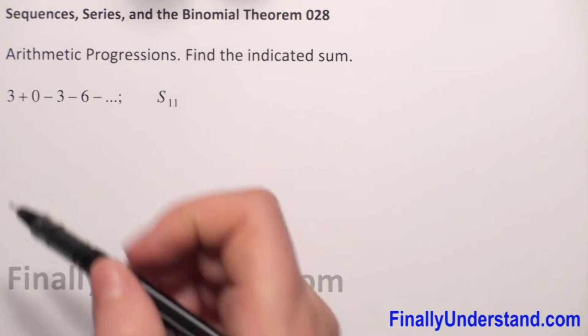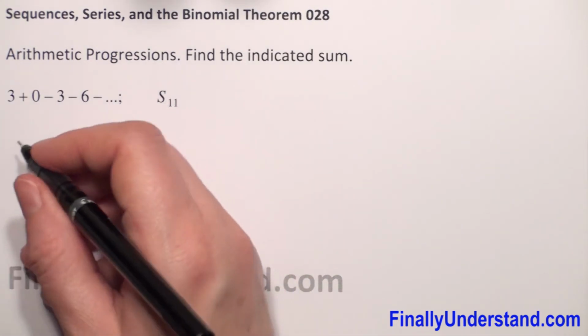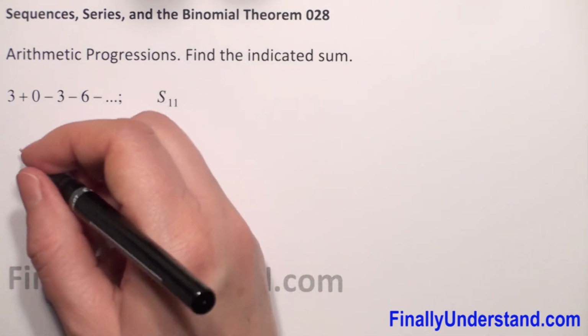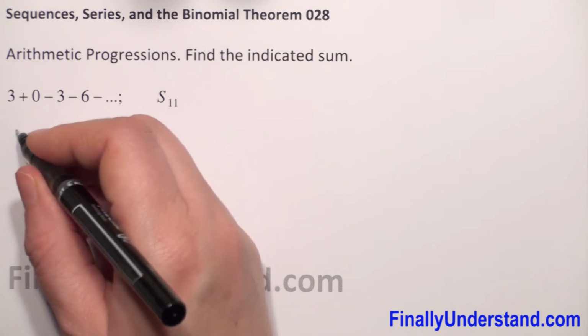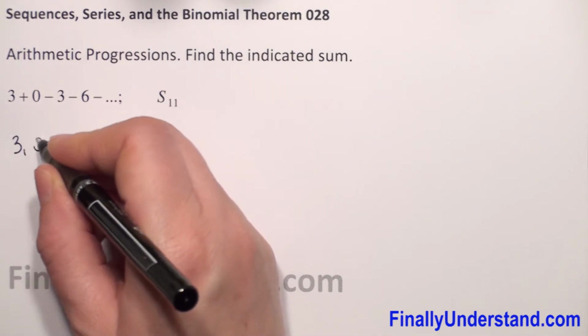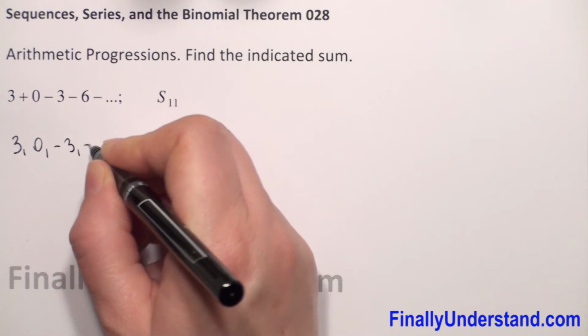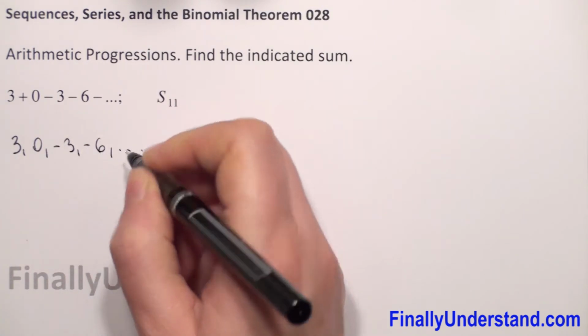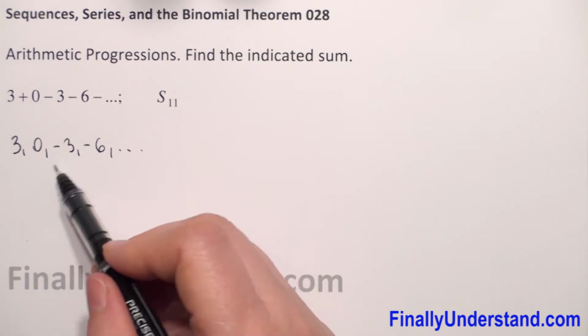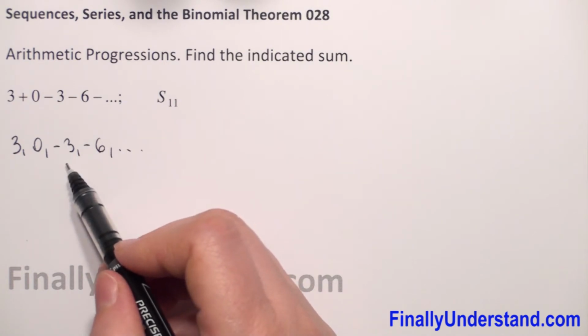So we can rewrite that we have a sequence of terms 3, next is 0, negative 3, negative 6 and so on. These terms form an arithmetic progression.